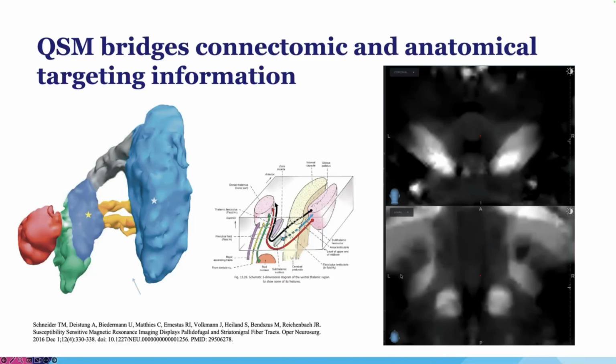You can also see both the striatopallidal fibers as well as the lenticular fasciculus. It's a really great way of picking exactly where you want your electrode trajectory in terms of interacting with these fibers, which are known to result in the best motoric outcomes for Parkinson's disease.